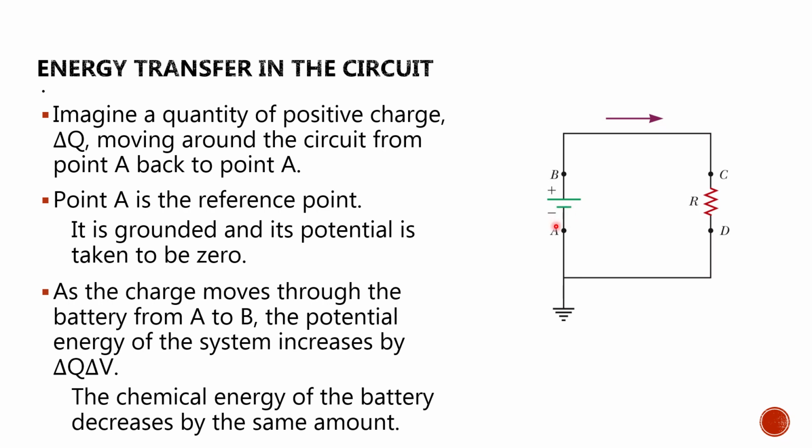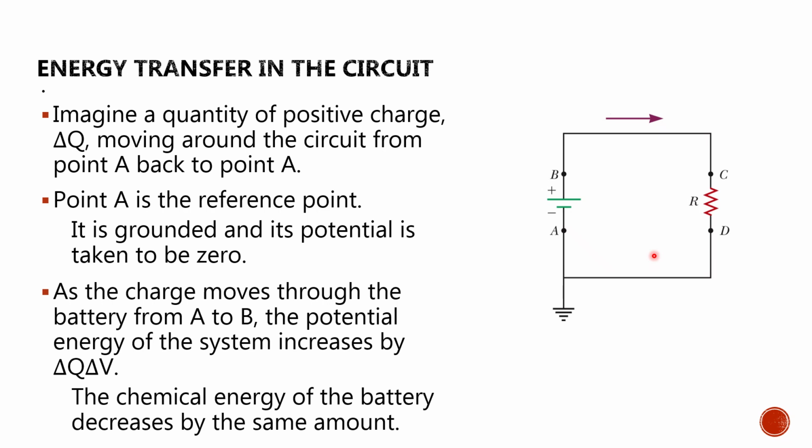As the charge moves through the battery from A to B, the potential energy increases by the product of the quantity of charge and the potential difference. The chemical energy of the battery decreases by the same amount. As the charges flow through the resistor, they lose energy as heat through collisions with the atoms.